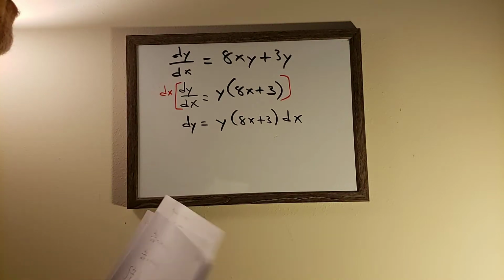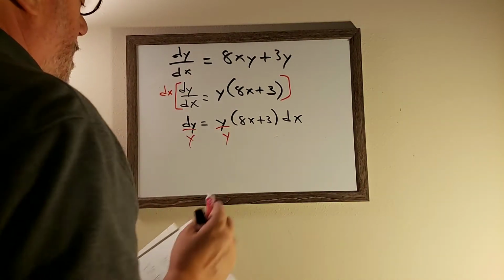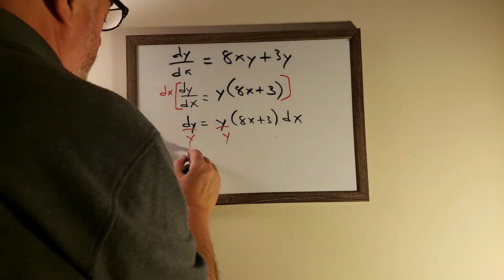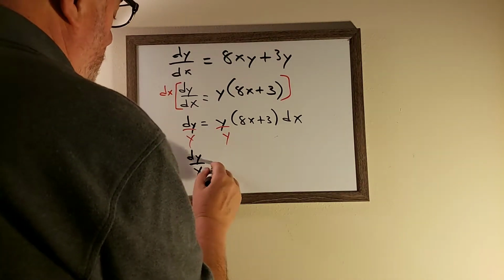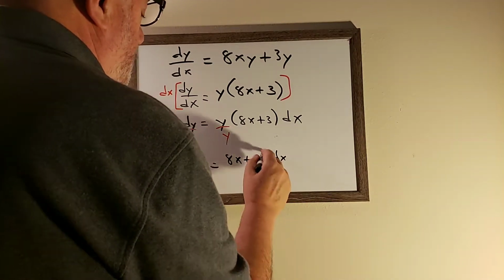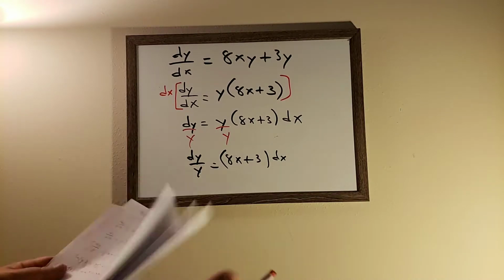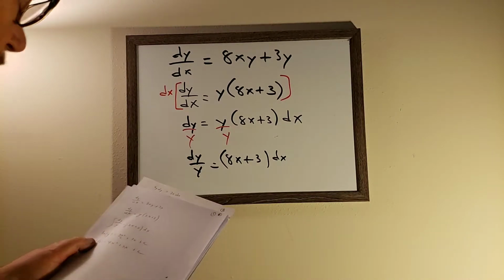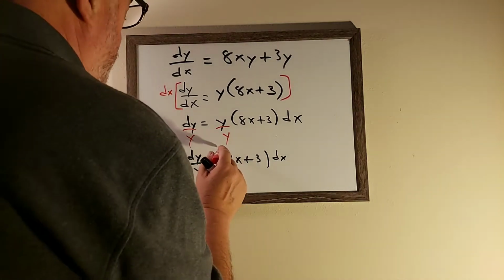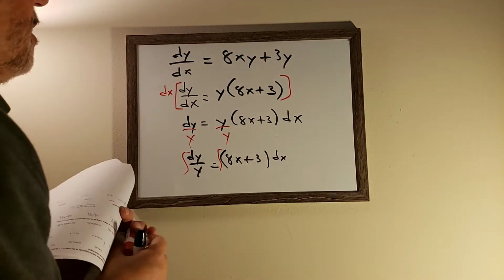And then now we can divide by our y. And we have dy over y equals (8x plus 3) dx, right? So again, we're now in a spot where we can do our integration. And so we can now integrate both sides.